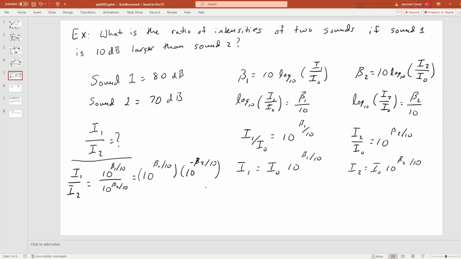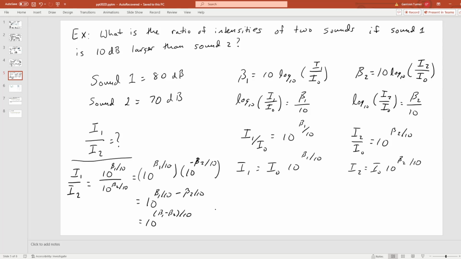And exponents of the same number add and subtract. So this is 10 to the beta 1 divided by 10 minus beta 2 divided by 10, which is 10 to the beta 1 minus beta 2, divided by 10.